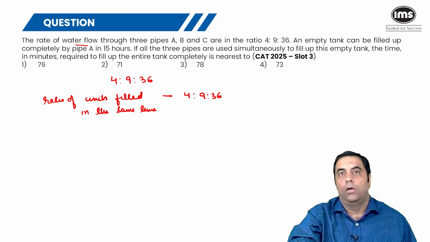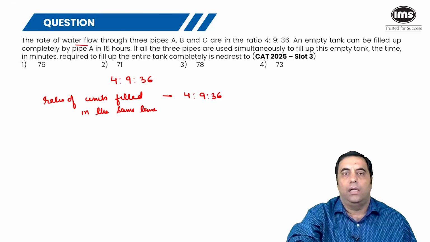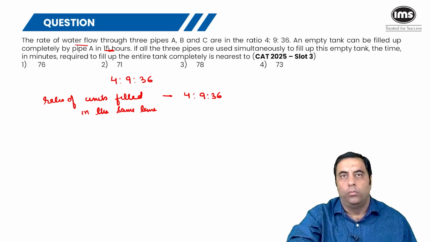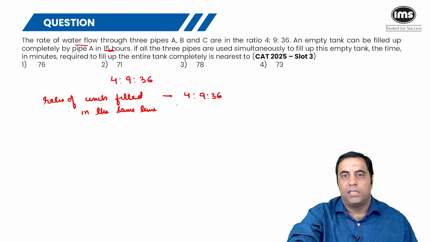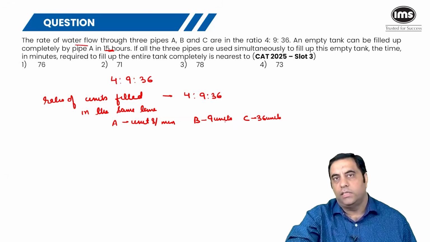Right? Now, it says A fills the tank in 15 hours. So if I assume that A fills 4 units per minute, I can straight away say B will fill 9 units in the same minute and C will fill 36 units per minute, because I know the ratio says this.